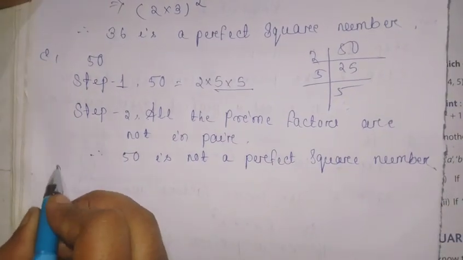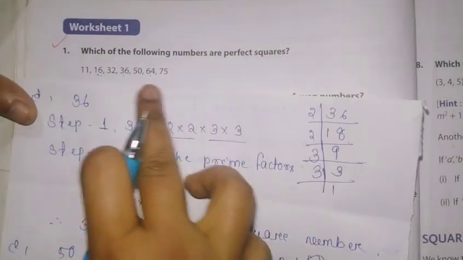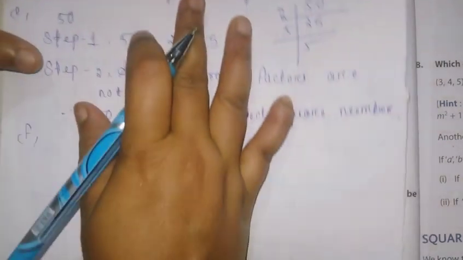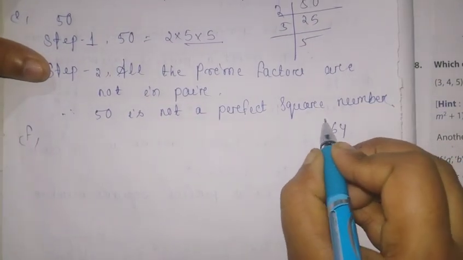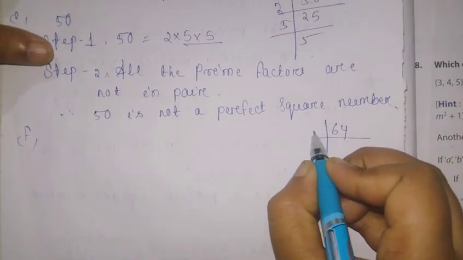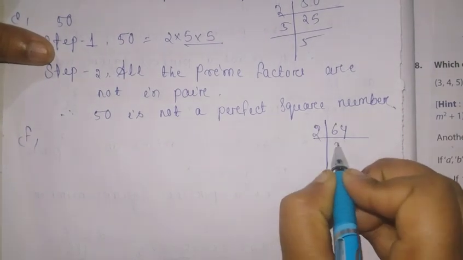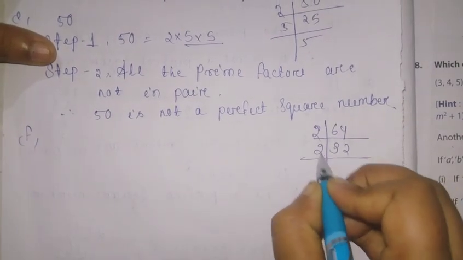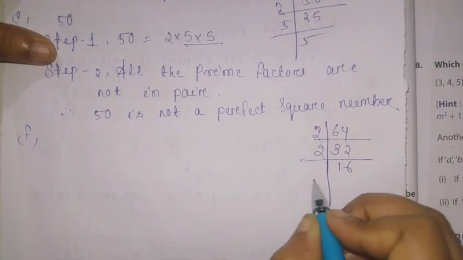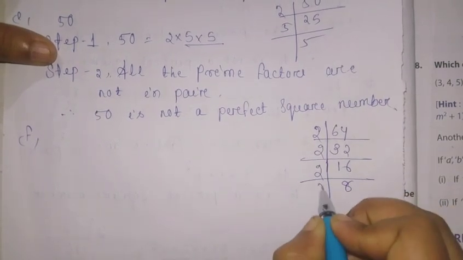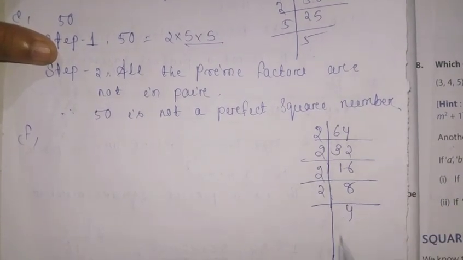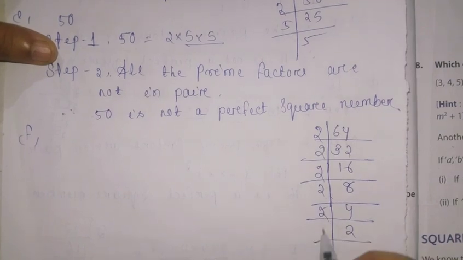Then solve 64. First we find its prime factorization. 2 3s are 6, 2 2s are 4, then 2 1s are 2. 2 6s are 12, then 2 8s are 16, then 2 4s are 8, 2 2s are 4, then 2 1s are 2.